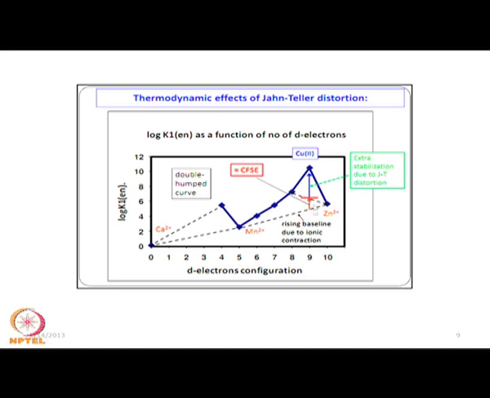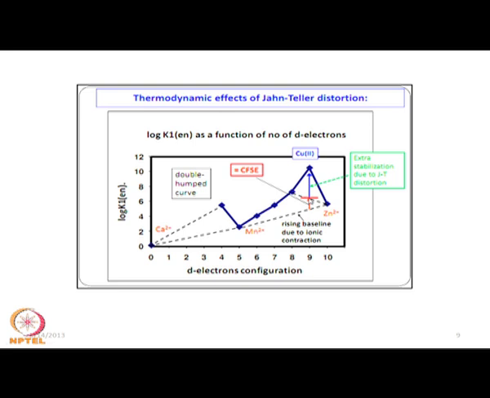Now, in this particular case we also see some stabilization in the case of copper, which is above this dotted line, and which is due to the crystal field stabilization energy in the 3d9 situation. So, there is a gain in energy due to crystal field splitting, and our log K1 value can go from the dotted line up to this point.